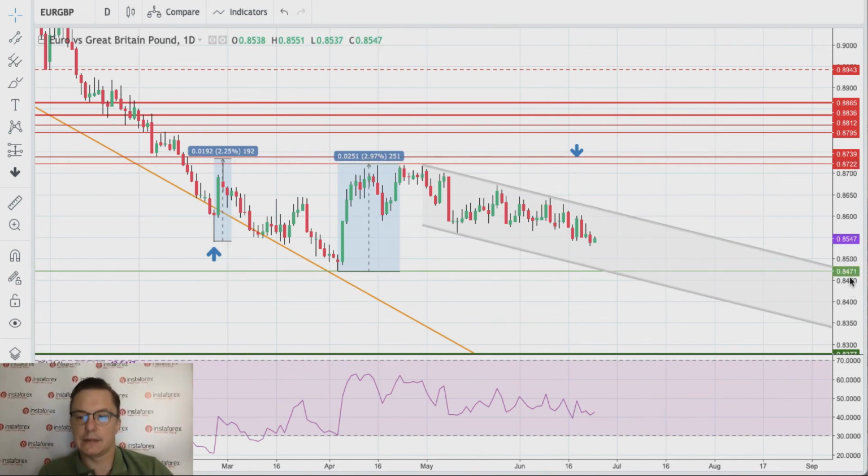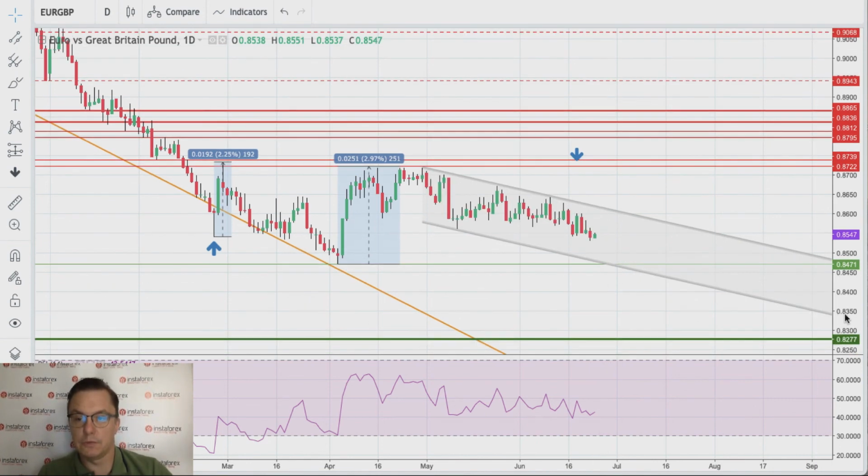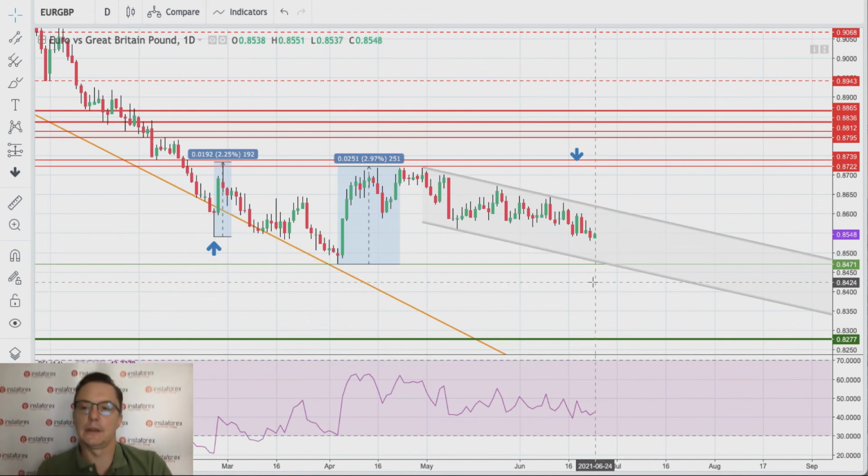Please take a look at 8,471 for the downtrend continuation, and where it will continue most likely towards 8,277 pips, which is the next key technical support. So far, trending inside of the channel, sloping down towards 8,471. There's less than 100 pips left. Maybe it might even be hit today after the data will be published.